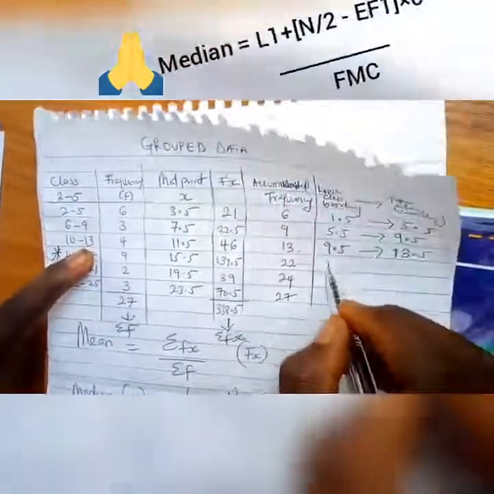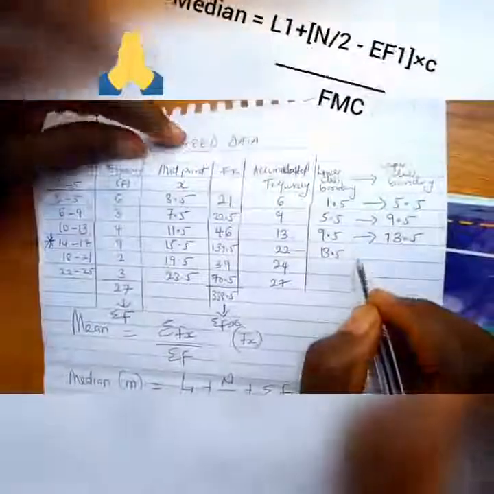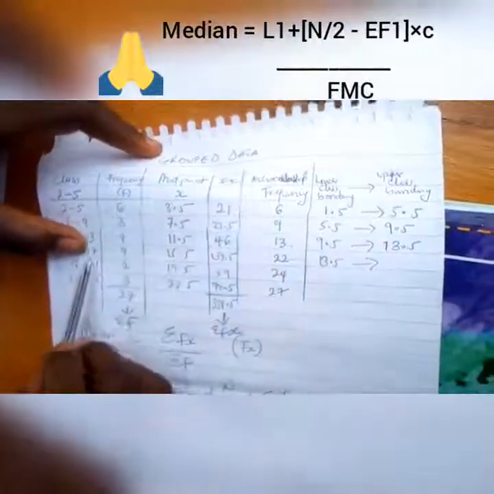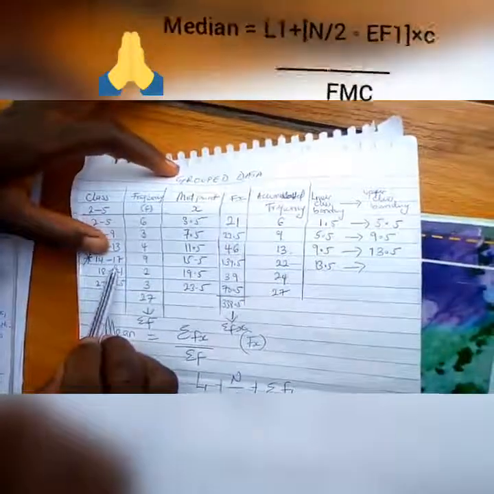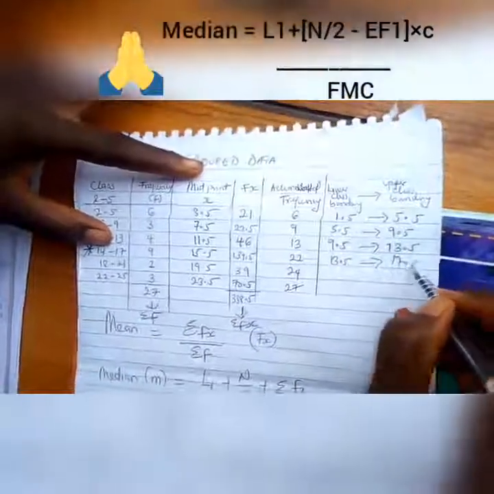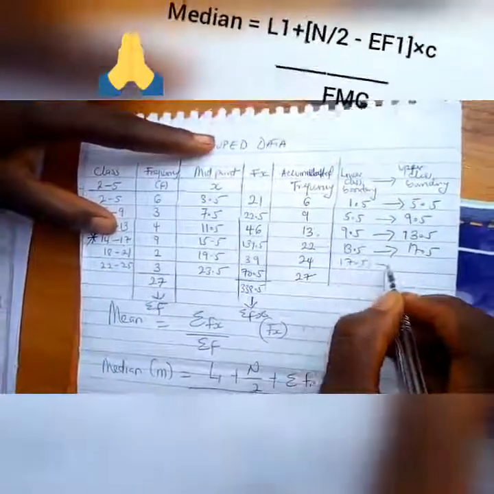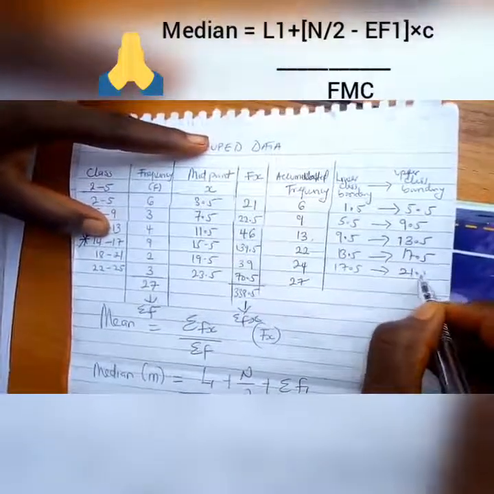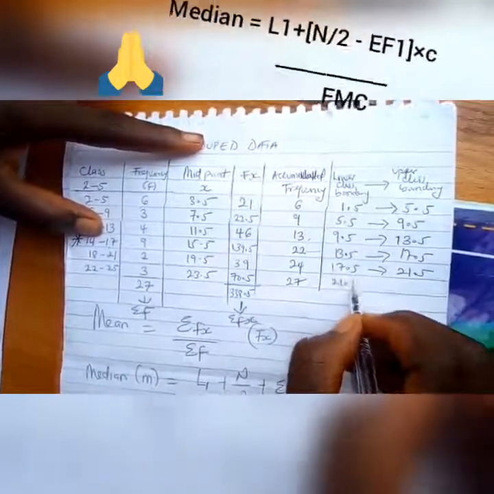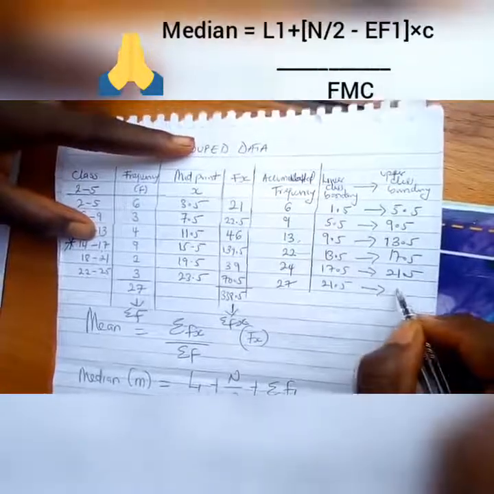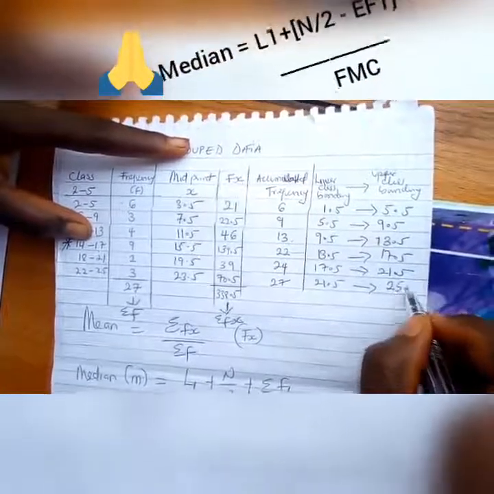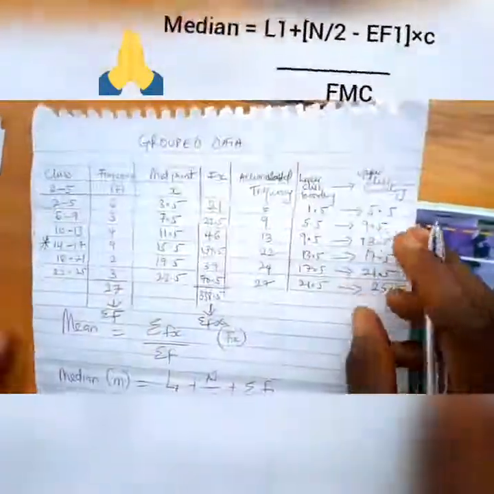You still bring this 13.5 down. Then you add 0.5 to the upper class boundary, which is 17. That makes it 17.5, till you finish it up. 21.5, 21.5 to what? 25.5. I hope you get that.